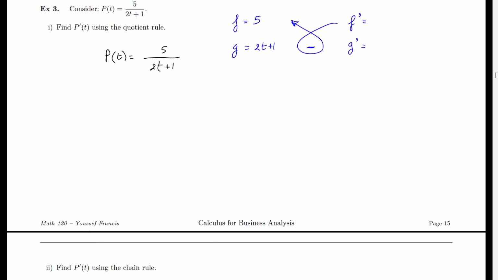Now, I need the derivative of each one of those. So the derivative of 5 is the f prime. The derivative of 5 is really 0. So that's the end there. And I need the derivative of 2t plus 1. The derivative of 2t plus 1 is just simply 2, because the derivative of 2t is 2 times 1, which is 2. And the derivative of 1 is really 0.